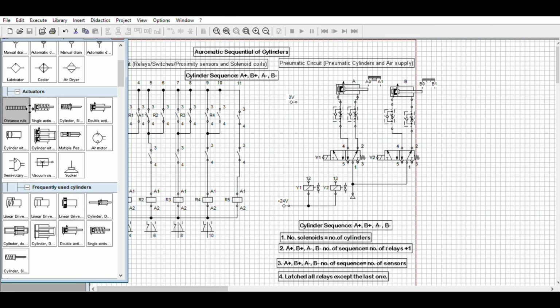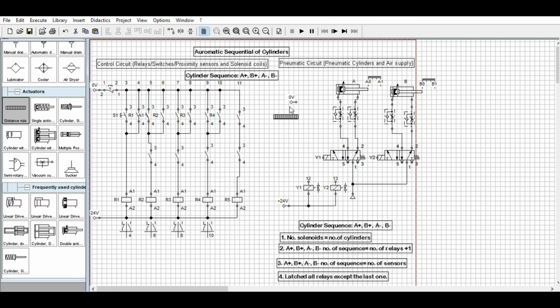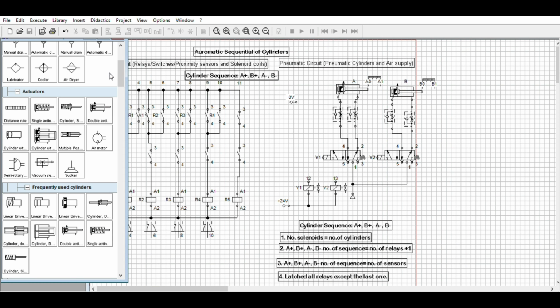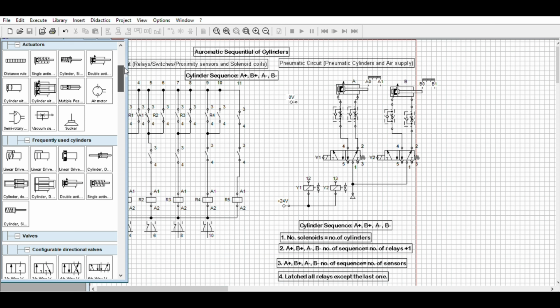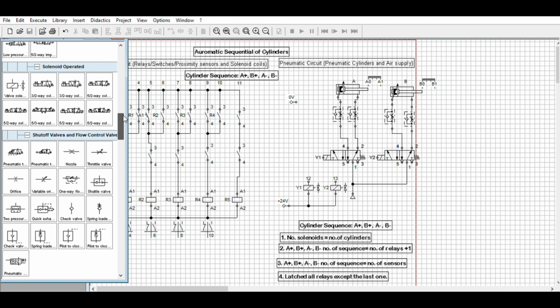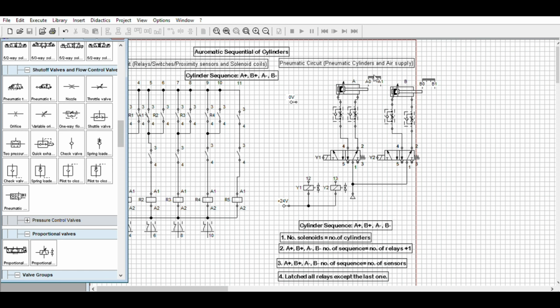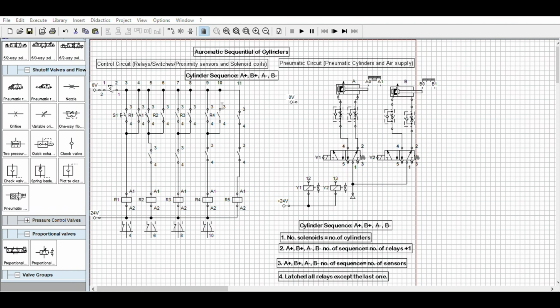This one, distance roll. You can add the pneumatic sensor. Then you can add the sensor A1, and you can specify 50 or 100 millimeter the distance of the cylinder. You can use this one, but that is a simple. We need a simple sensor first.